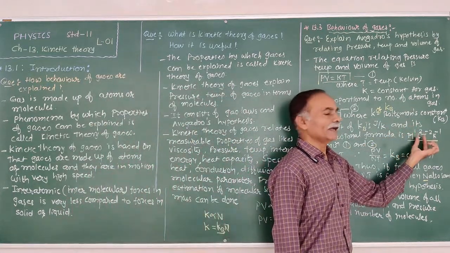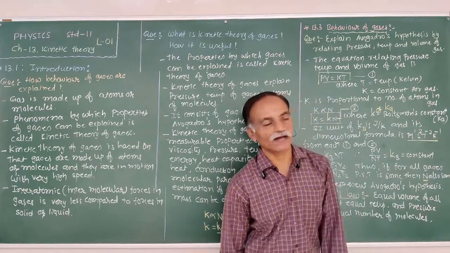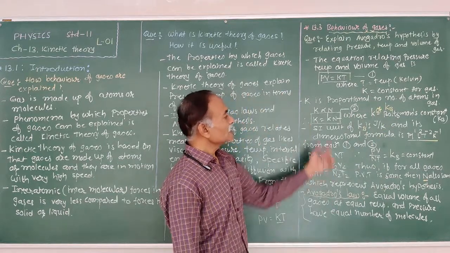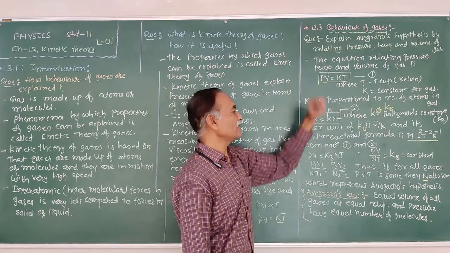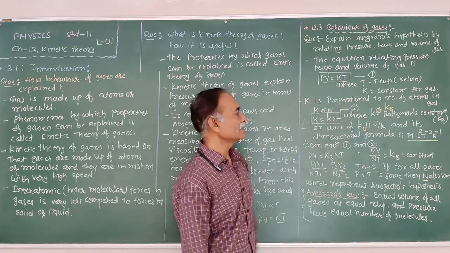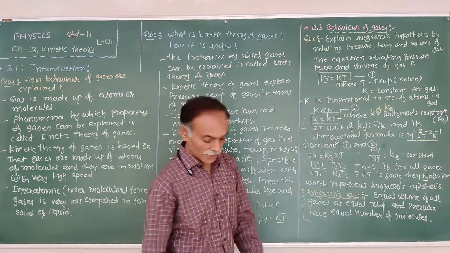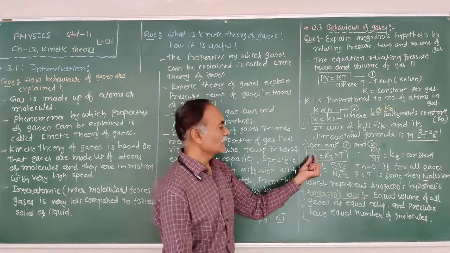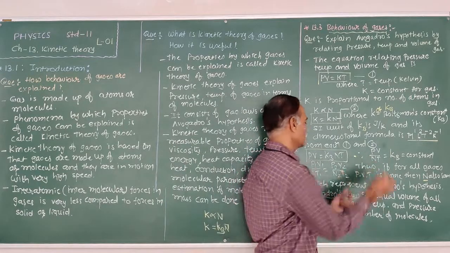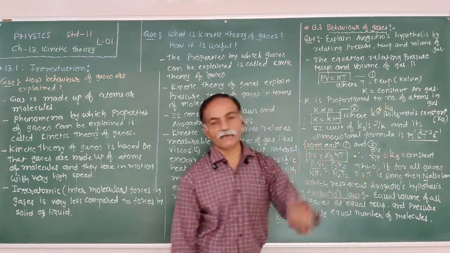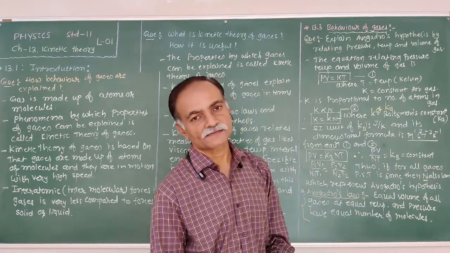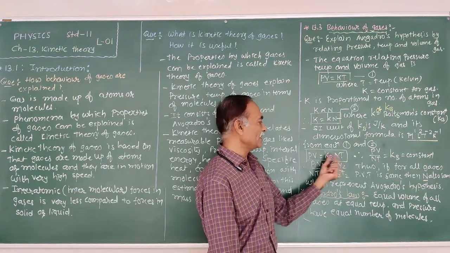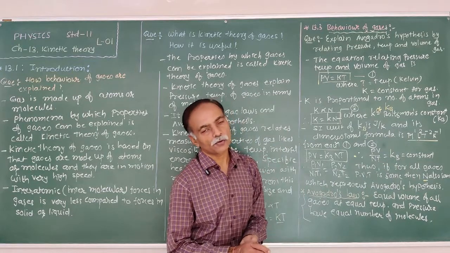Therefore, M1 L2 T minus 2 K minus 1 is the dimensional formula of the Boltzmann constant. Substituting equation 2 in equation 1, PV is equal to Kb N T. Therefore, PV upon NT is equal to Kb, the Boltzmann constant, so it is constant.